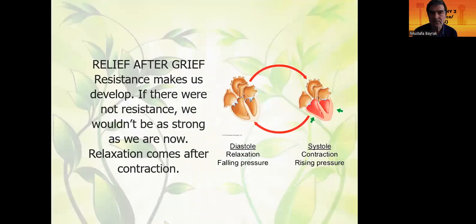Relief and grief. Yes, relaxation and contraction. Expansion and contraction. Or relief and grief. Easiness and difficulty. Resistance makes us develop. If there were not resistance, we wouldn't be as strong as we are now.